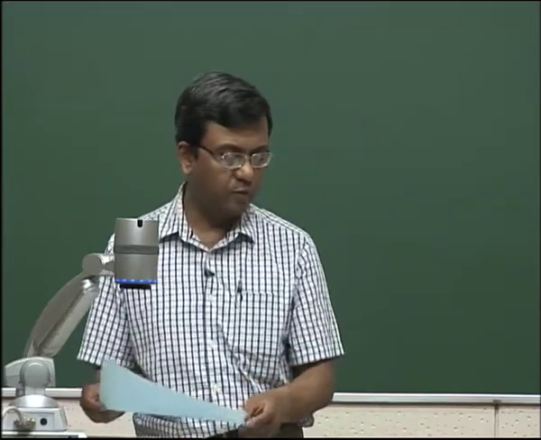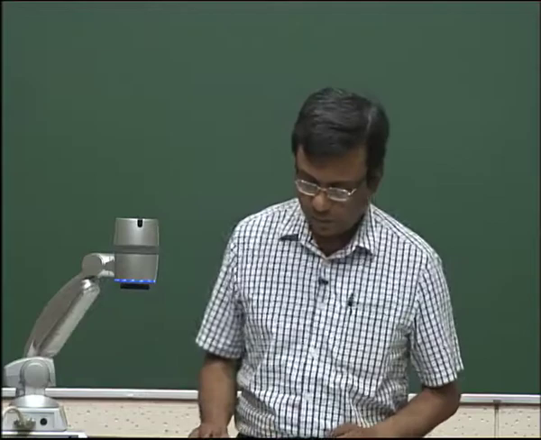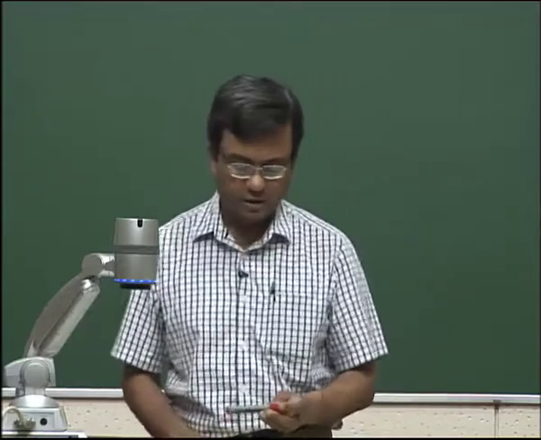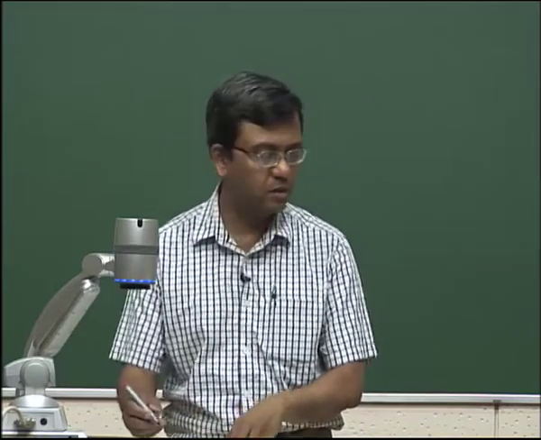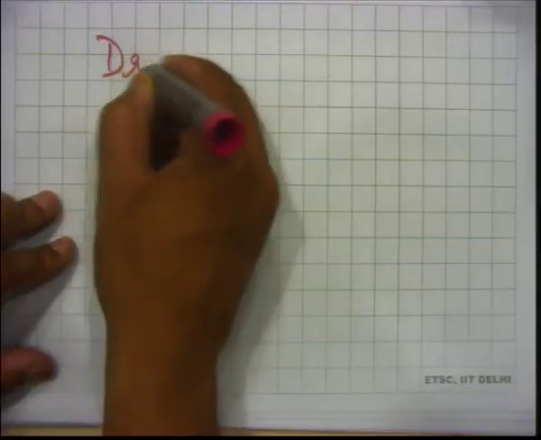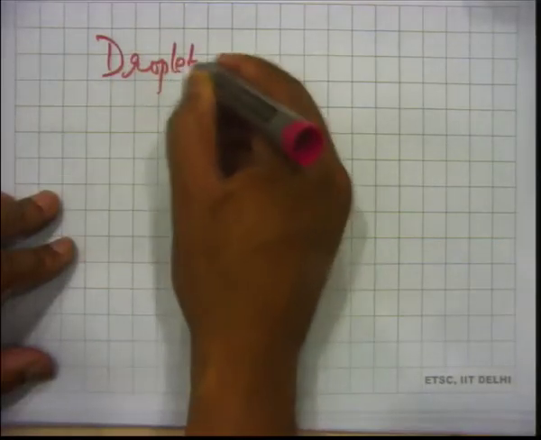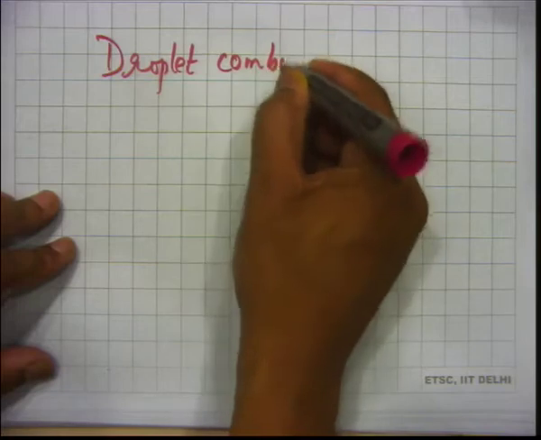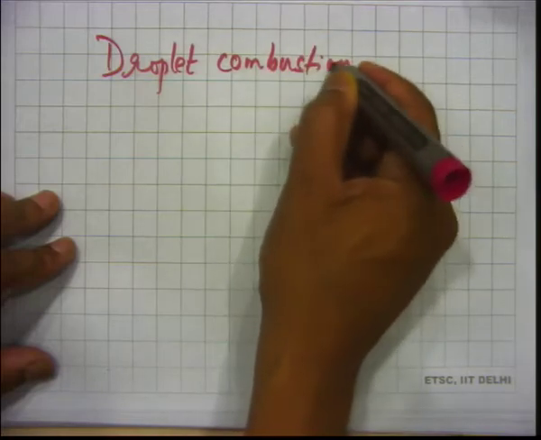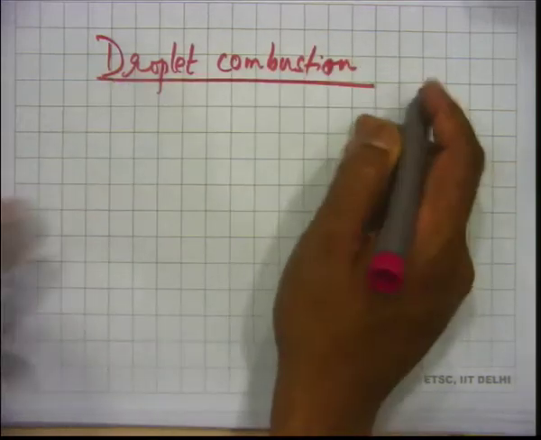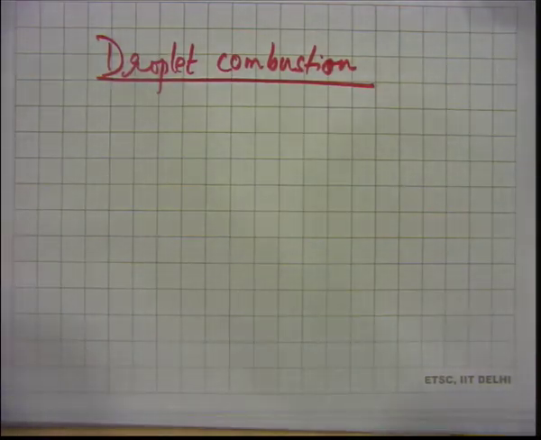So now we have to prepare for something more interesting for us, and that's droplet combustion. It is going to be somewhat more difficult, but not a whole lot more difficult than what we have done for droplet evaporation.